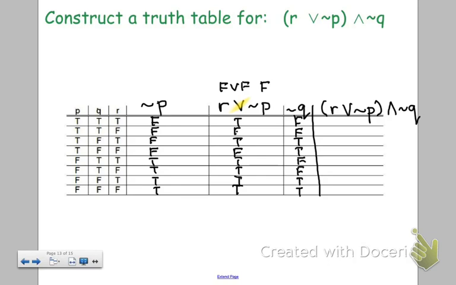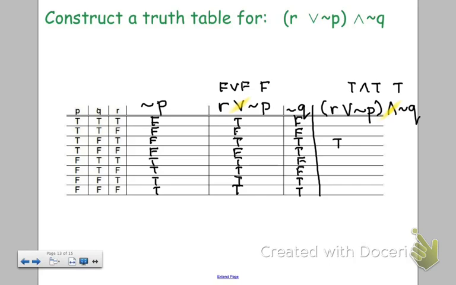At this point, those two pieces are connected by an AND symbol, so I'm looking for true and true is true. First row, I have true, false. That's not it. Second row, I have false, false. Nope. Third row, I have true, true. Here we go. True, true is true.